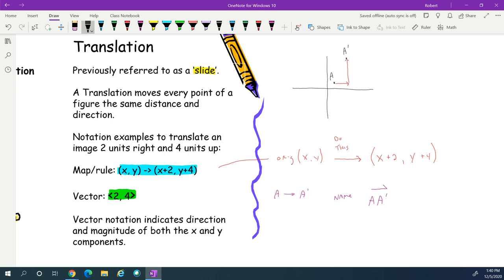If we had point B moves to point C, then the vector would be named BC with a half arrow. And in that case, the value of it would be some negative number because it went left, and some negative number because it went down. And we could literally just count it if we were on the coordinate plane.